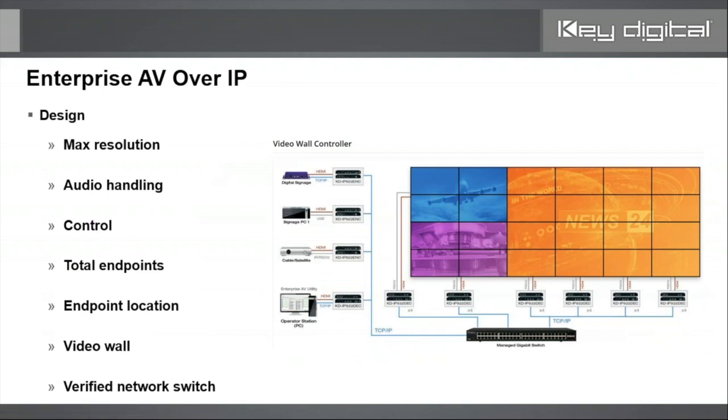So that's why AV over IP is becoming such a trend. And of course, we've seen this coming for many years now, and this is the future of AV. But there are some new considerations that you must prepare yourself for with AV over IP.